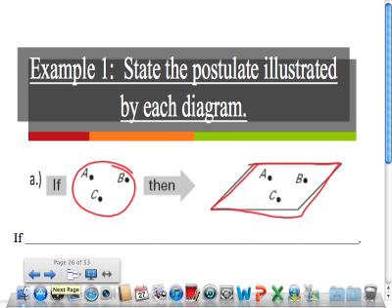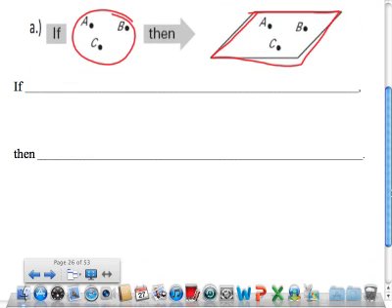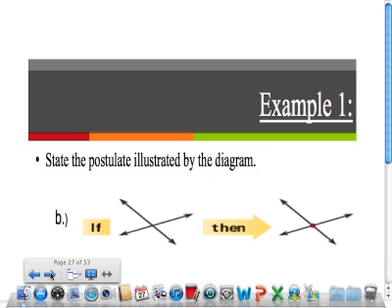So 3 non-collinear points determine a plane. For the if-then, if 3 points are not collinear, then exactly 1 plane can be drawn through them.